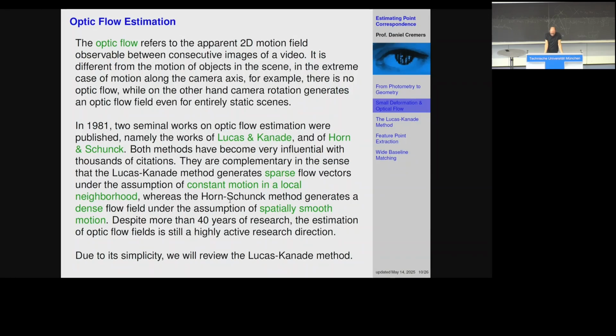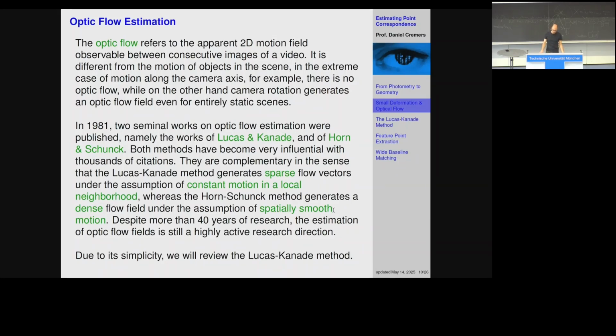The two methods are different. The Horn and Schunck method is what's called a variational method. This is actually the very first ever variational method in computer vision. I used to teach a class on variational methods. I don't do that anymore, but it's an interesting research area. If you're interested in it, the class is on YouTube.